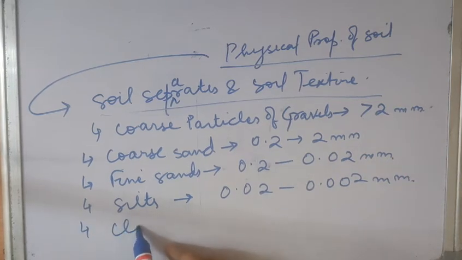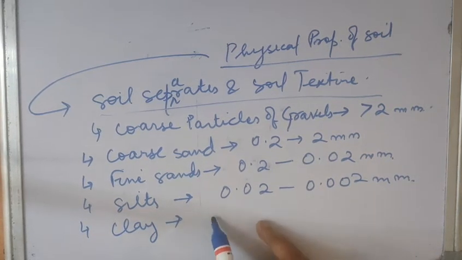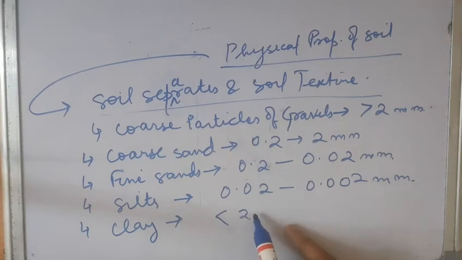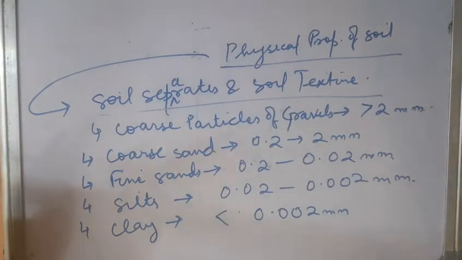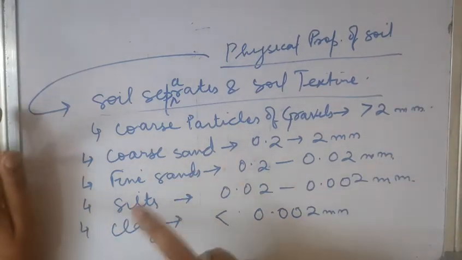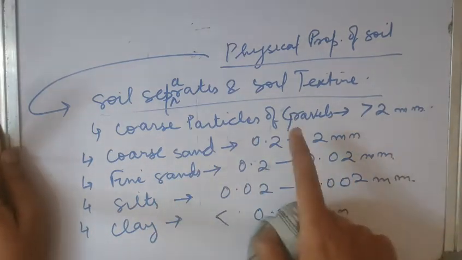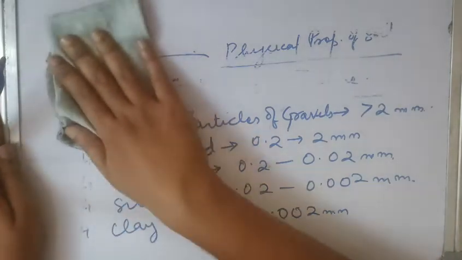Then at the end we have clay, that is below 0.002 mm, smaller than this. So this is the class of soil separates and soil textures. Sand, silt and clay are most important, but you should also know of gravel.